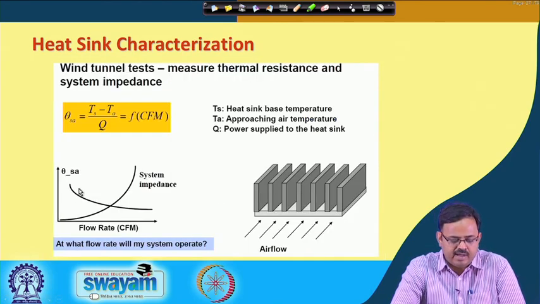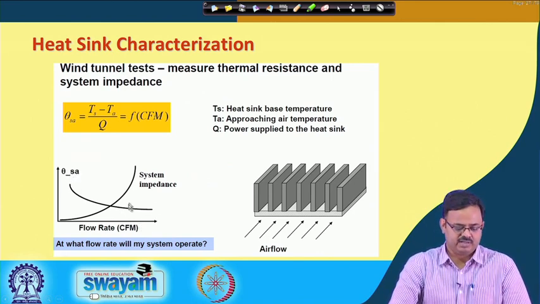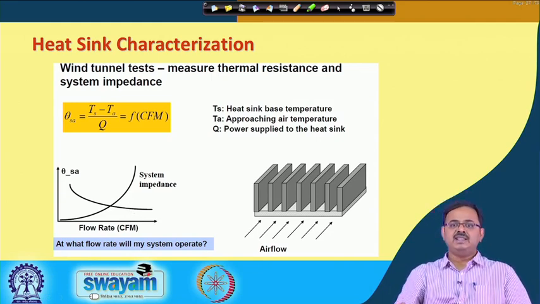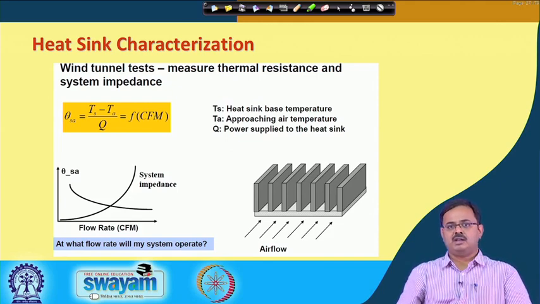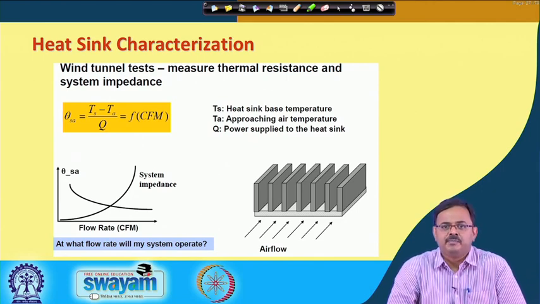So, I will go back and look at the thermal resistance as a function of flow rate, and see what the thermal resistance is at that flow rate, and that is going to be my performance of the heat sink for that geometry along with that fan. Is that good enough? That is what we have to see. Clear?